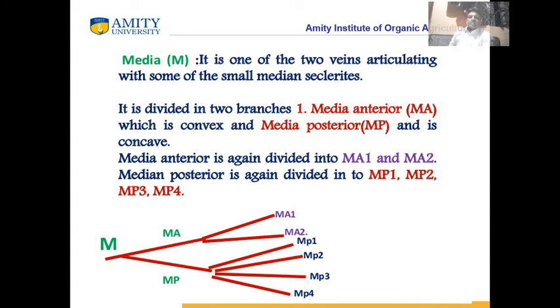Media anterior is convex and media posterior is concave. Media anterior is again divided into MA1 and MA2, meaning media anterior 1 and media anterior 2. Media posterior is again divided into MP1, MP2, MP3 and MP4.